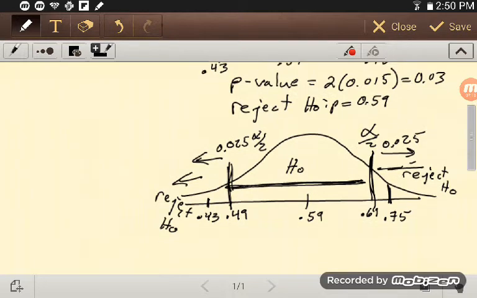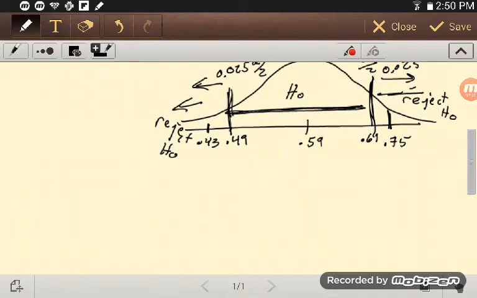Now, what we do with the confidence interval is, okay, we rejected H0 in this case, and the 0.75 is higher than the 0.59. So yes, it's very reasonable to say, well, I think the actual proportion is bigger than 0.59. Great. But do you really think it's 0.75?